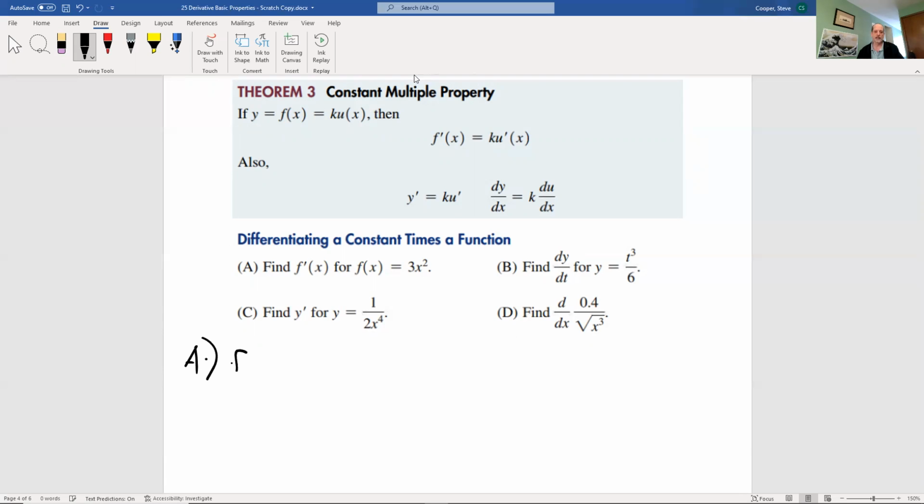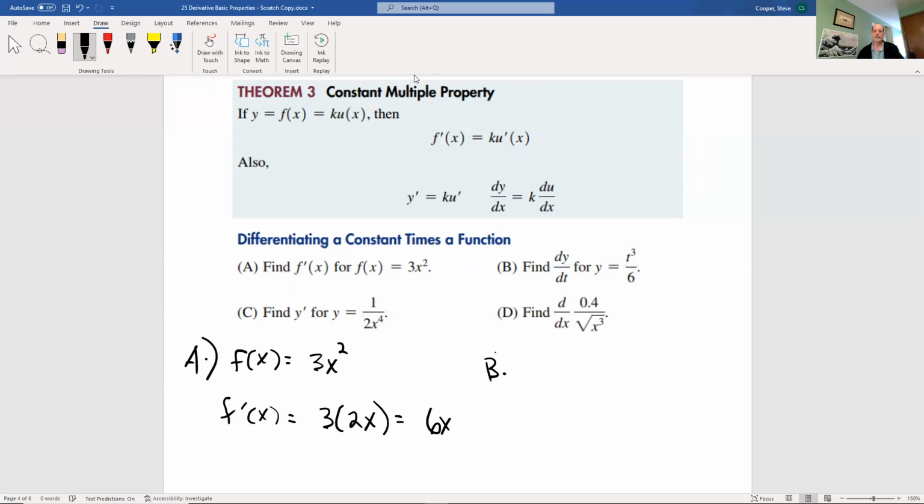It says if f of x, for instance, equals 3x squared, then I'm just going to take 3 times whatever the derivative of x squared is. So f prime of x is going to be 3 times 2x to the 2 minus 1, or 1. So it equals 6x.